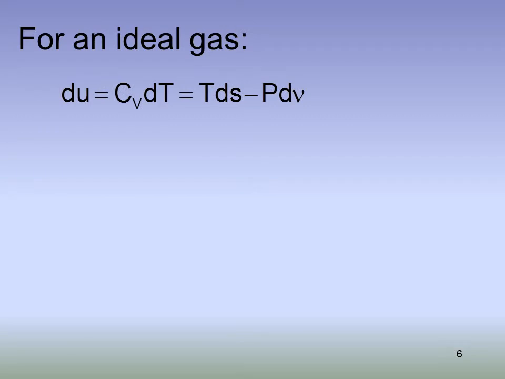If we take an ideal gas now and apply this equation, du is equal to Cv dT, which is also equal to TdS minus PdV. Manipulating that a little bit, we find that ds, and we're trying to find the change in entropy for an ideal gas, is Cv over T dT plus P over T dV.